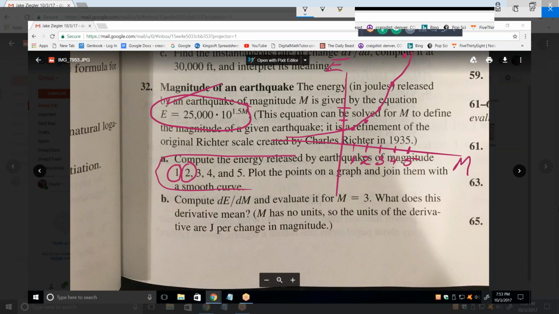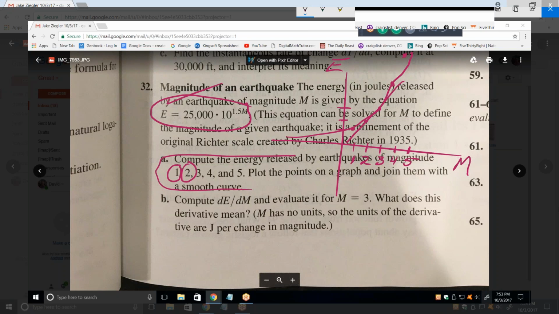Now compute the derivative of the energy with respect to m and evaluate it for m equal 3. And what that's going to give me is the slope of the tangent line right there. Remember what derivatives are. Derivatives are slopes of the tangent line of the original function.